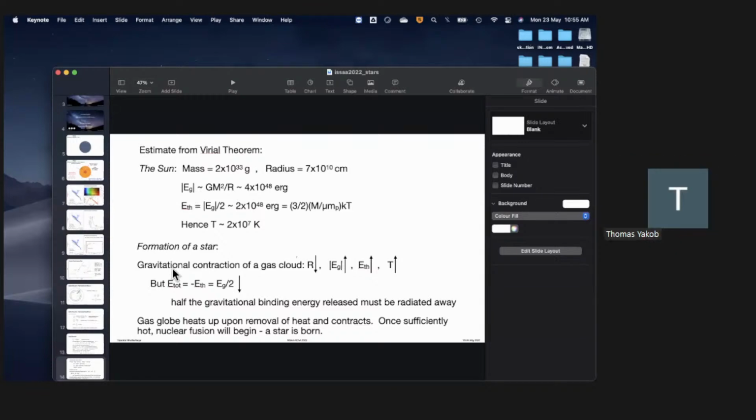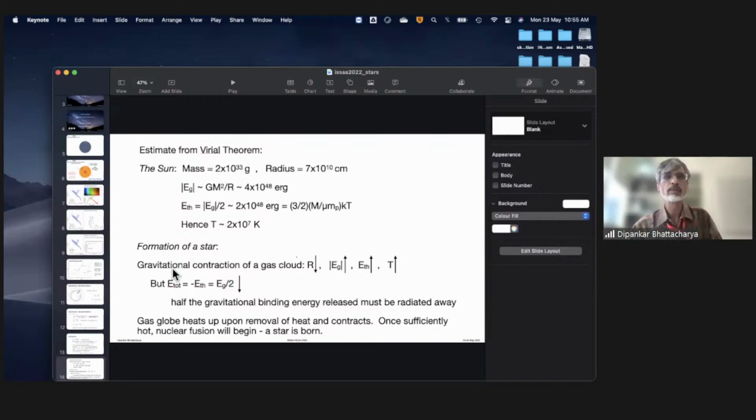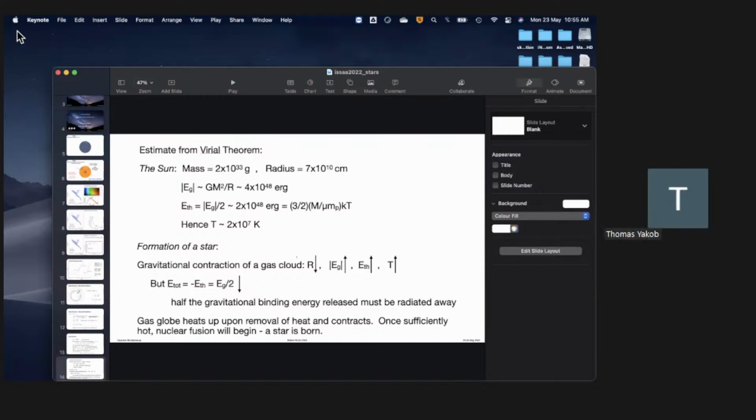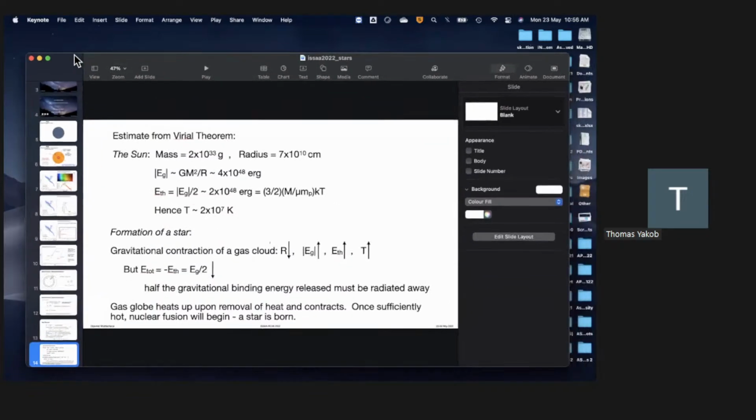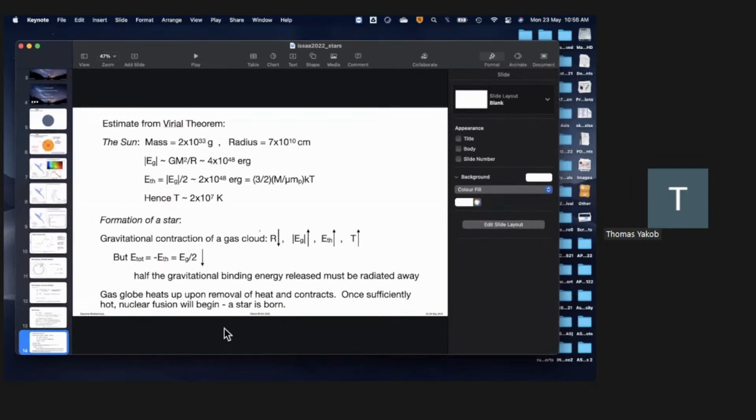Sir, am I audible? Yeah, you are audible. Go ahead. Sir, when the clouds or gas come together to form a star, naturally it needs to reduce the energy level and come to an equilibrium.